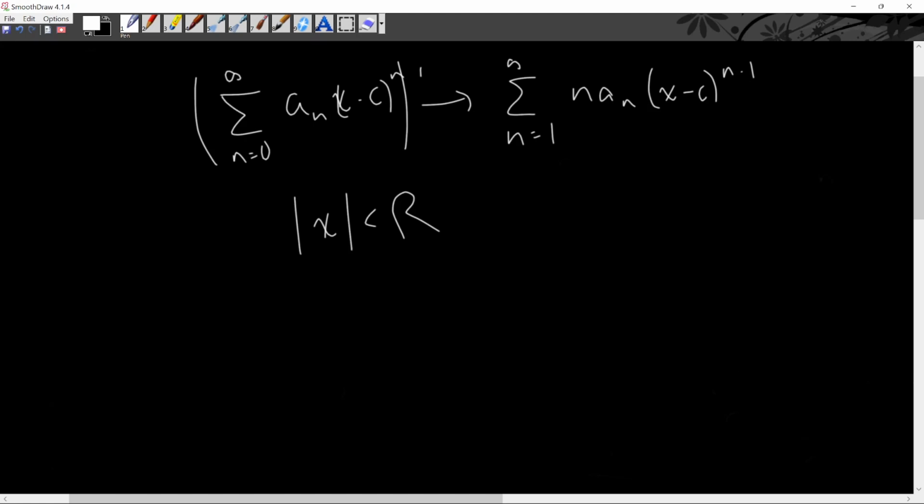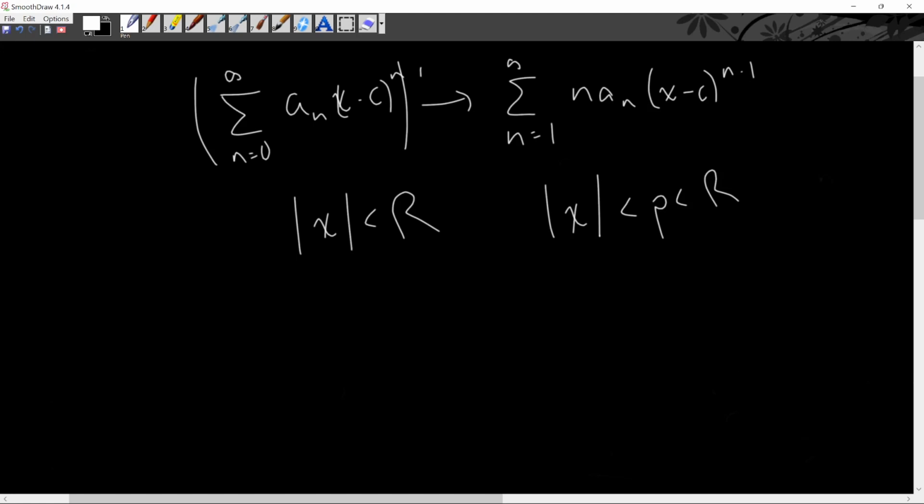Even if it's like 0.49 and 0.5, there is always going to be a 0.495, regardless of what two values you have. So we can set this value equal to p, and we can say that the absolute value of x is less than p, which is less than r.